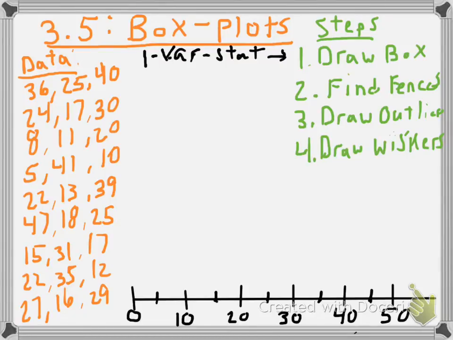The box has the ends always Q1, median, and Q3. So I'll just list the 5-number summary from my one var stat.